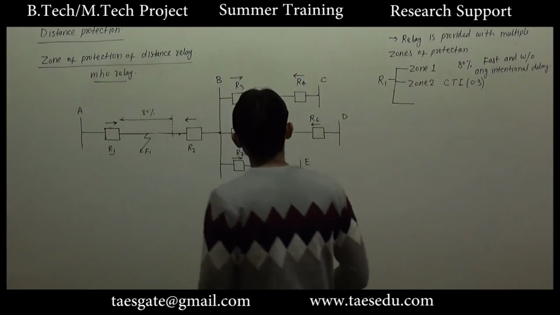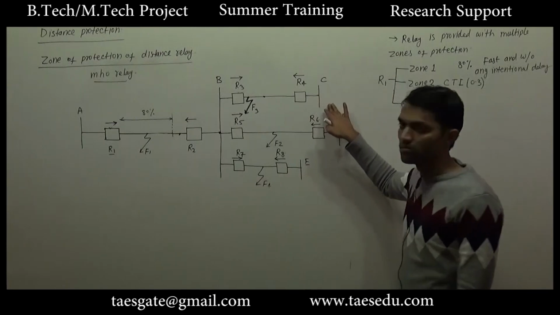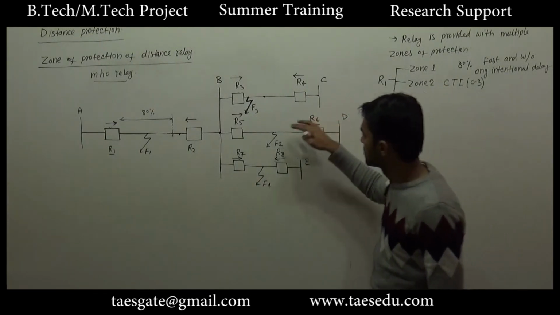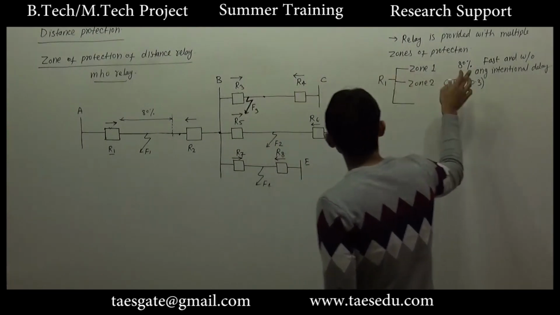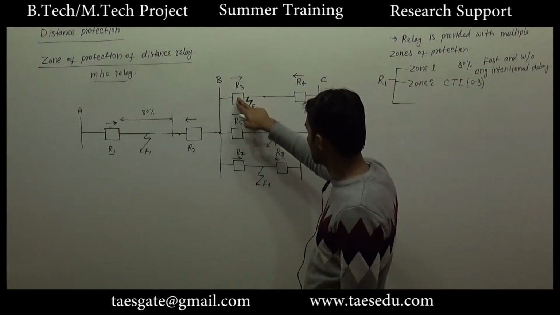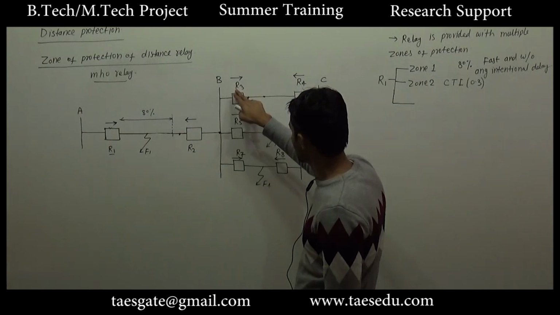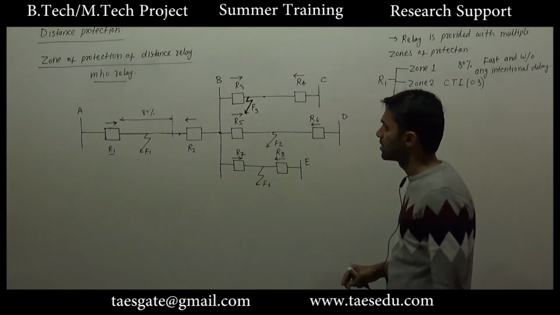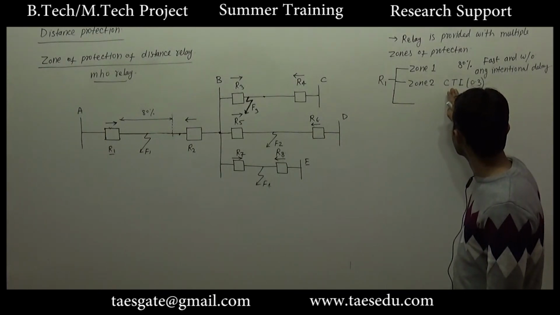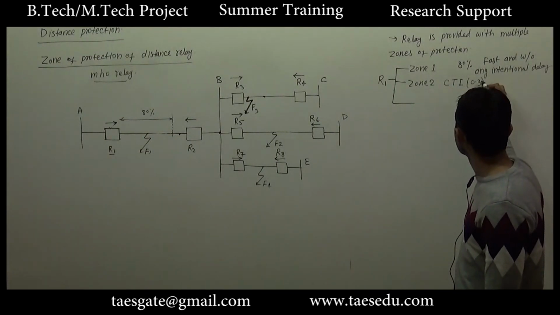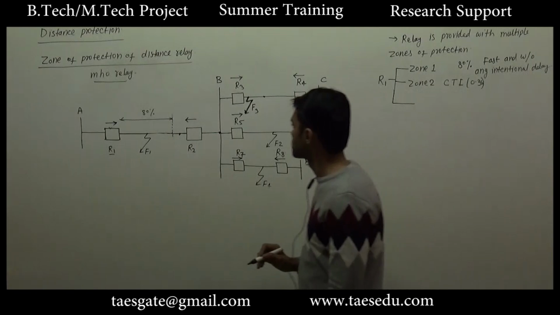Similarly, for all other relays there will be 3 zones of protection. Say for R3, zone 1 protection will be extremely fast, without any intentional delay, and zone 2 protection will be after an intentional delay that is measured by the coordination time interval, and it is 0.3 second.